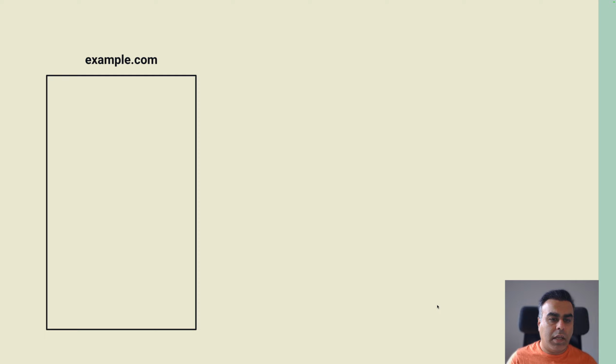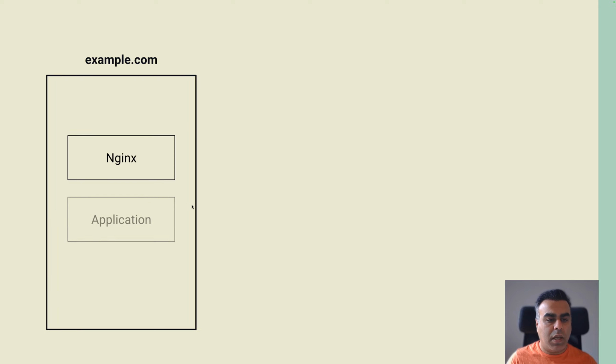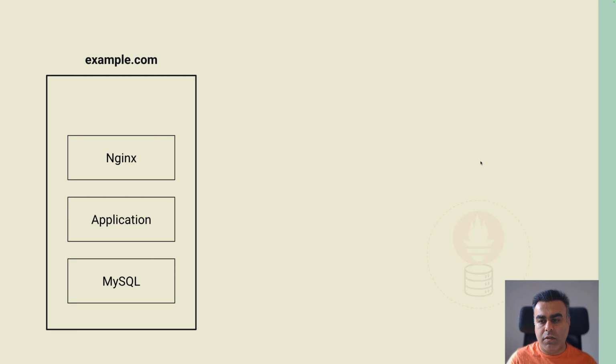Suppose that, again, we have our virtual private server, for instance with a Linux operating system, and it has a web server of Nginx, an application like Java and a database like MySQL. And instead of a custom third-party service, I can install Prometheus on another server, which can be called the Prometheus server.